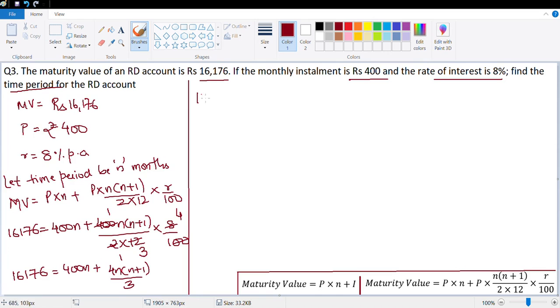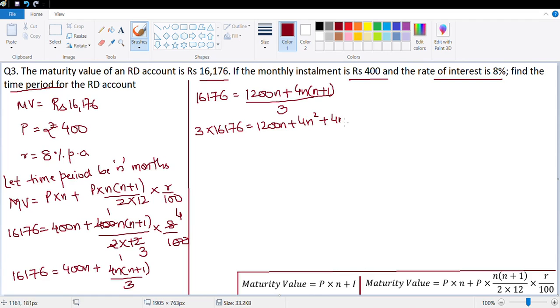Let's take LCM and add the terms on the right hand side. So this would be 1200n plus 4n times n plus 1 upon 3. Now we'll have to cross multiply. So 3 into 16,176 is equal to 1200n plus 4n square plus 4n.